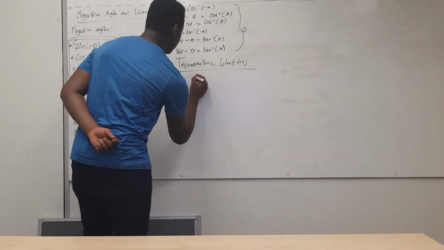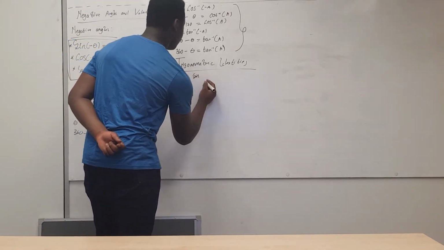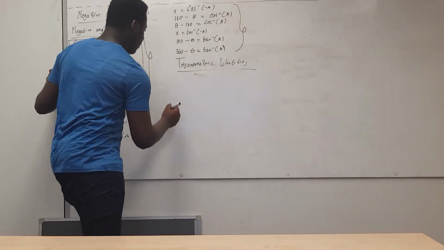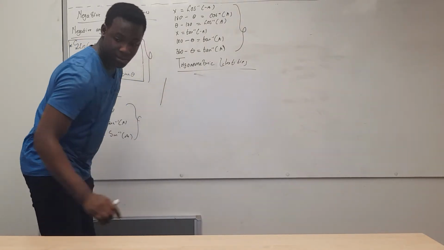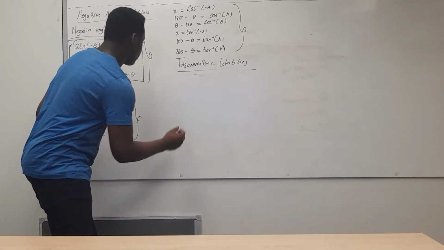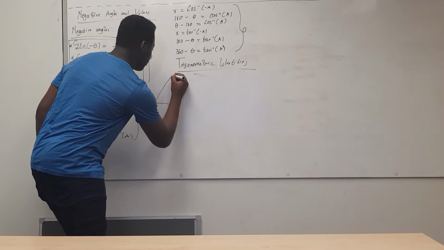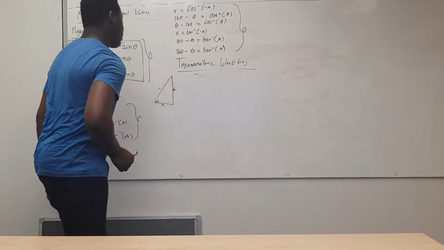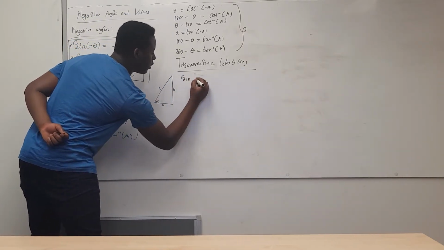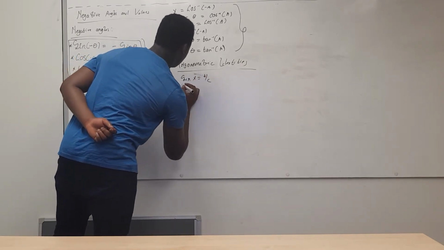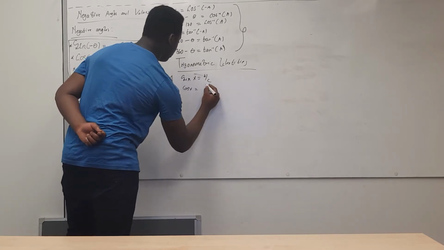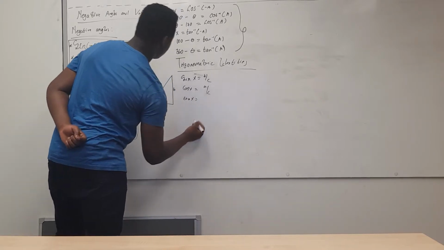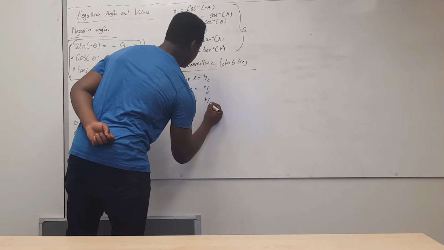Okay, let me start by saying sine x is equal to b divided by c, cosine x is equal to a divided by c, tan x is equal to b divided by a.